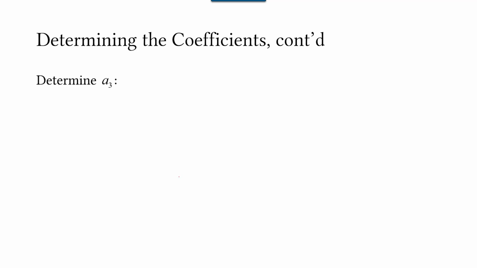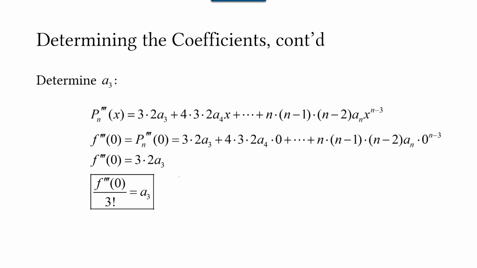Here's a3. Set the third derivatives of the function and the Taylor polynomial equal to each other. And this is how it ends up looking. The third derivative gives me 3 times 2 times a3. And then I would have for the next term 4 times 3 times 2 times a4 times x, and so on. Plugging 0 in wipes out every term except the first one.